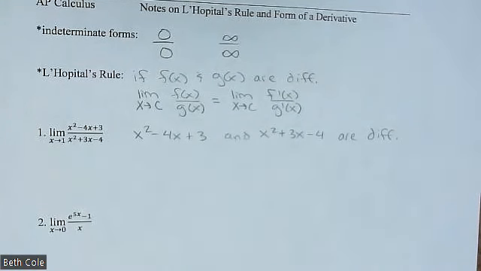Now, you are not allowed to write that something equals 0 over 0 or that something equals infinity over infinity. That's what's called a linkage error, because 0 over 0 is not a number and infinity over infinity is not a number. So you can't say that something equals them. What you have to do is show them separately.